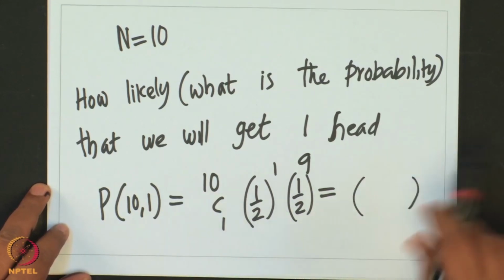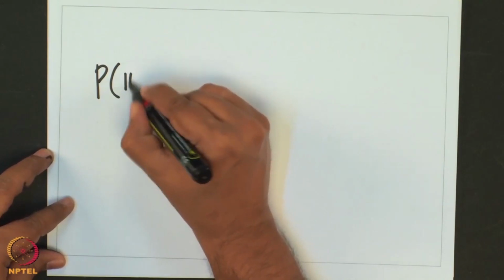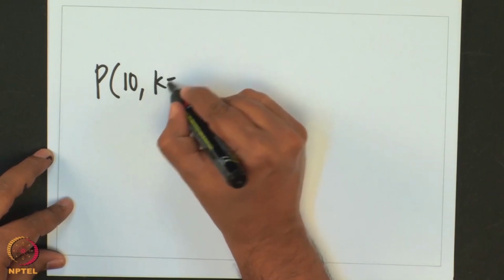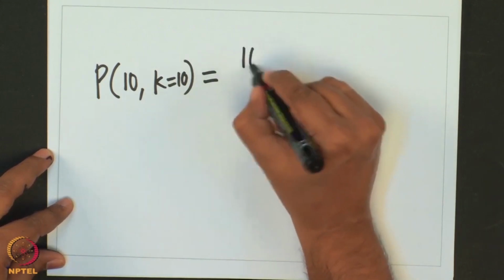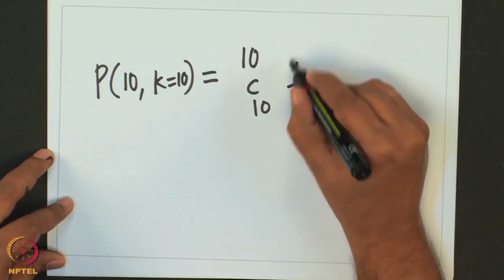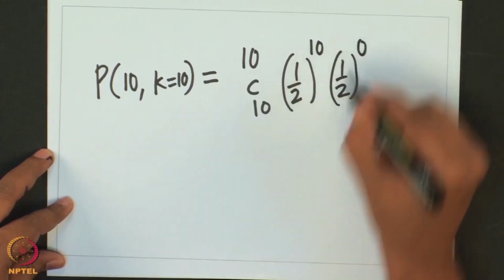The opposite, we could ask how likely that all the 10 babies born on a particular day are girls, right? Probability that out of 10 births on a particular day, there are exactly 10. This of course can be written as 10 C10 half power 10, then half power 0.